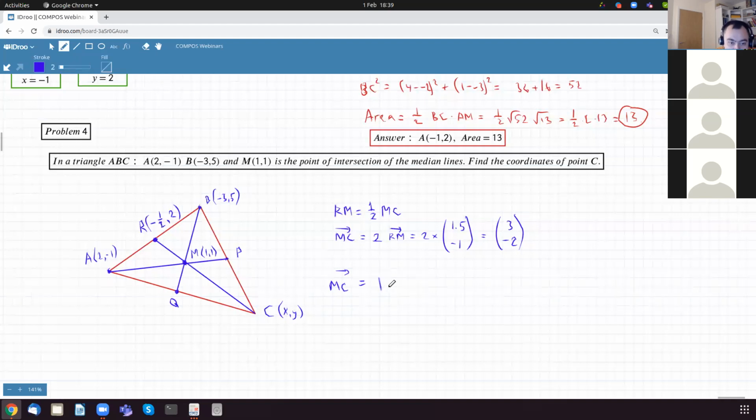It is the radius vector of point C minus the radius vector of point M, which is x minus 1 and y minus 1. And because this is MC and this is MC, we just make them equal. So x minus 1, y minus 1 is equal to 3, -2. So from here, it's quite easy that x is 4, y is minus 1.